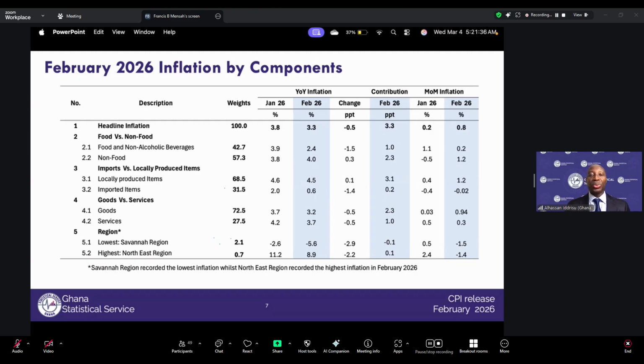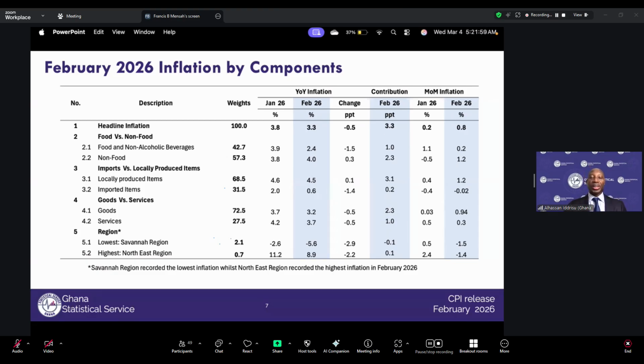Now, if you compare this to the Savannah region, which recorded negative inflation of 5.6% in February 2026, then you see that there's a very deep variation among regions with regards to inflation. So disparities are extremely wide.